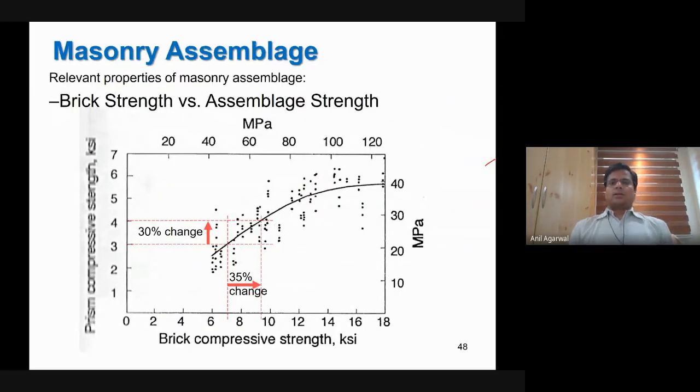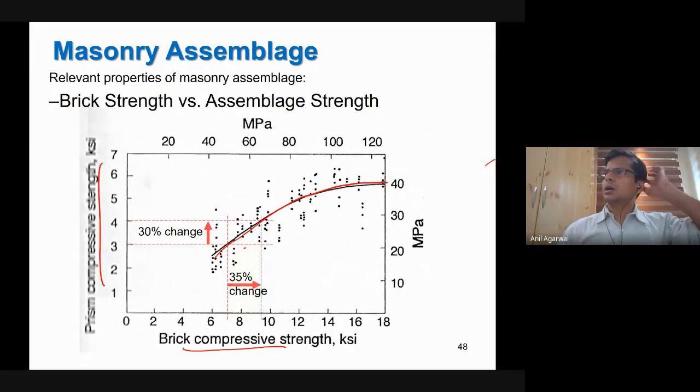Okay, so this is some summary from the various types of experiments that have been conducted on the compressive strength of the assembly. And this is strength of the assembly with respect to brick strength. A lot of data is plotted here, and if you draw a trend line, this is how the curve looks.